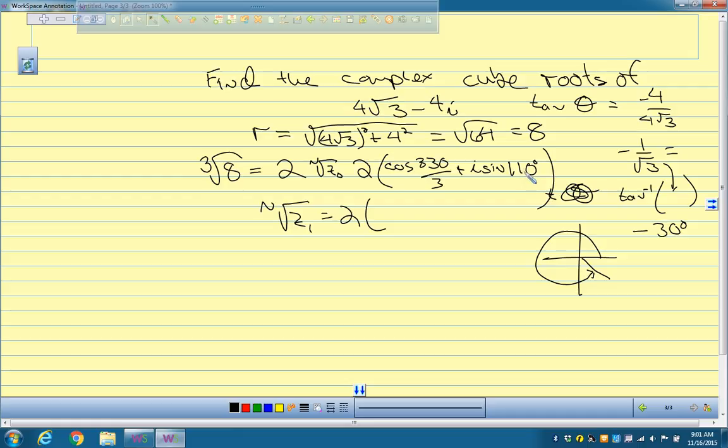What's 1/3 of 360? 120. So I get 230 degrees: cosine of 230 plus i sine of 230. How did you get 230? It's 110 plus 360 divided by 3.